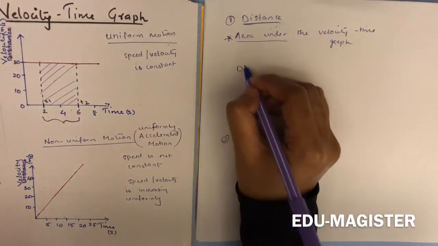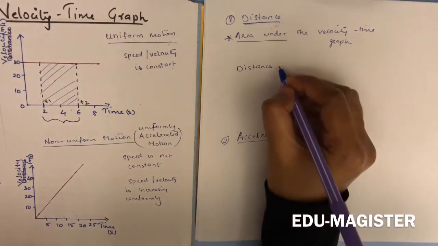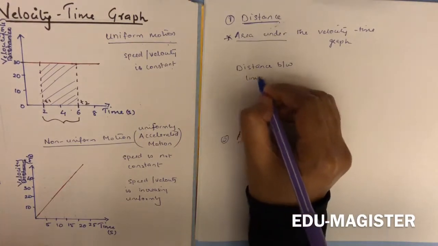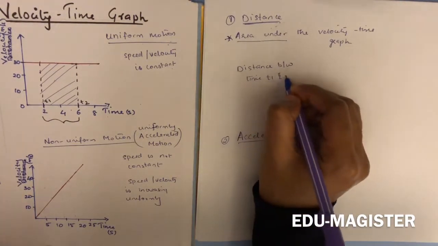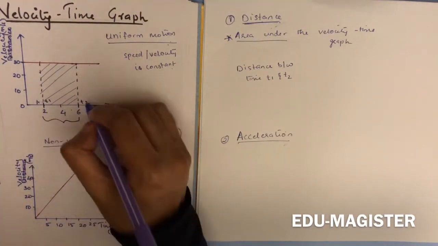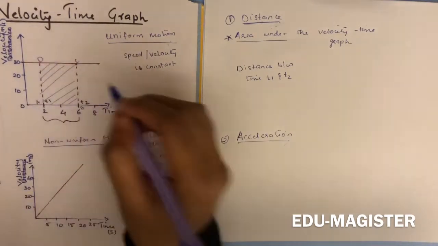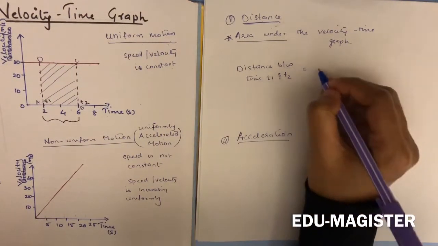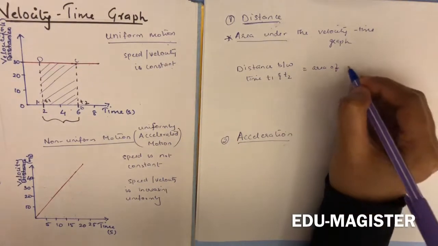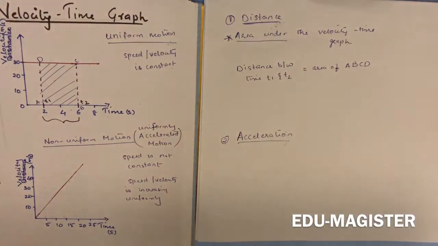So here, the distance covered between time T1 and T2 will be given by, let's name this rectangle ABCD, the area of ABCD.